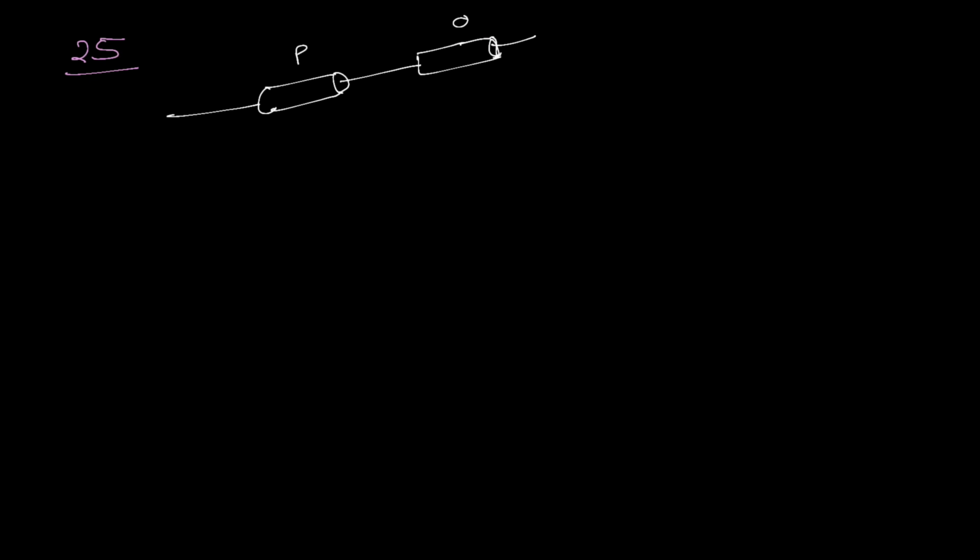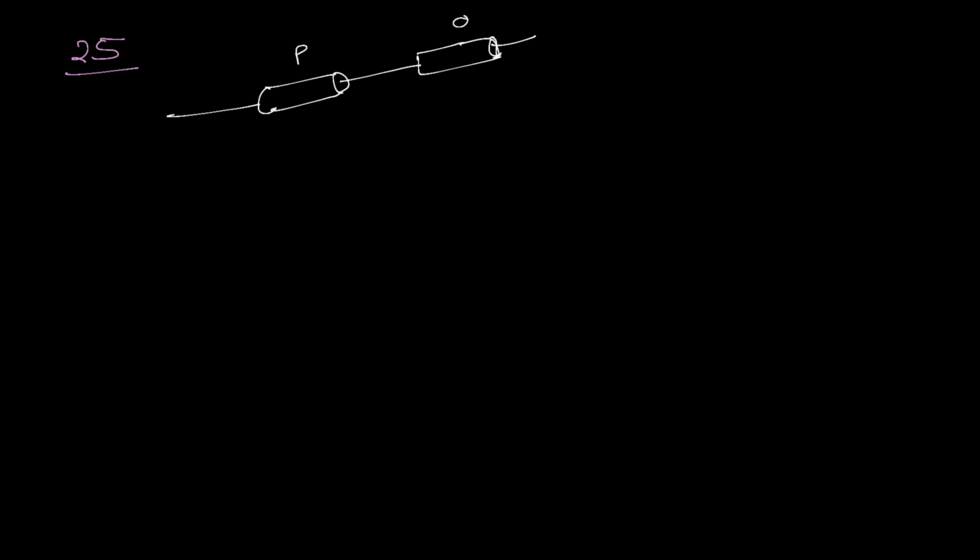Question 25. Two cylindrical wires P and Q are of equal length and made of the same material. The diameter of P is greater than that of Q. P and Q are connected in series and the ends of this arrangement are connected to a power supply. Which two quantities are the same for P and Q?